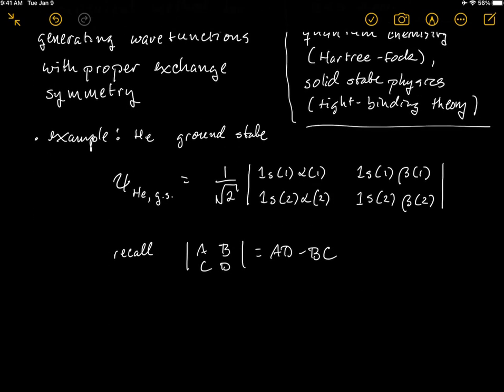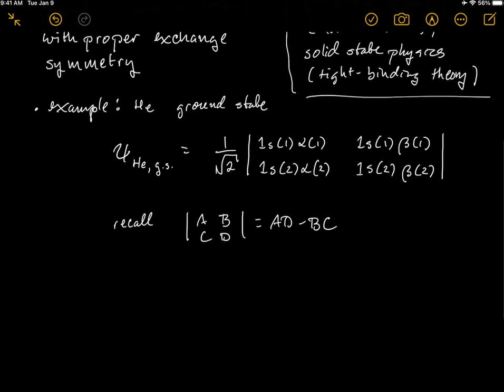So the method is as follows. You recall, of course, that the determinant of a matrix A, B, C, D is AD minus BC. Again, if we multiply out that determinant, we get the wave function that we previously talked about.